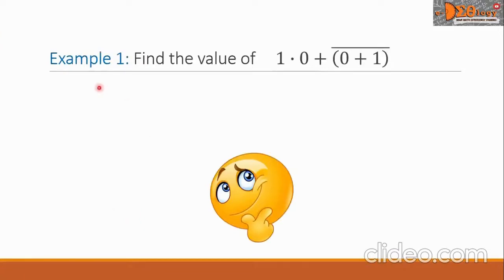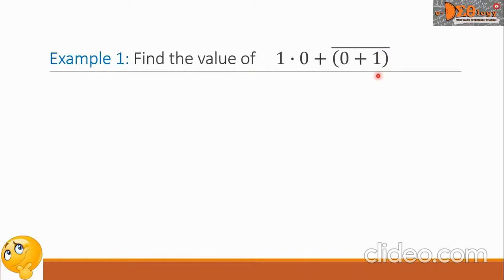Let us see some examples. This is the first one. Find the value of 1 times 0 plus the complement of the quantity 0 plus 1. For our solution, let us copy the same problem down here, and then let us find the values of the operation.